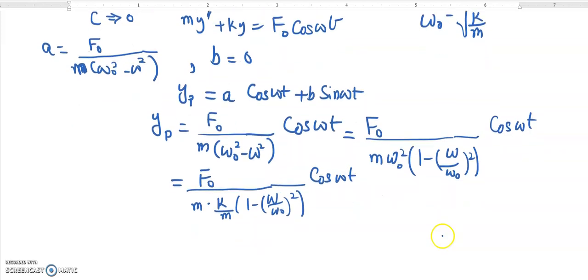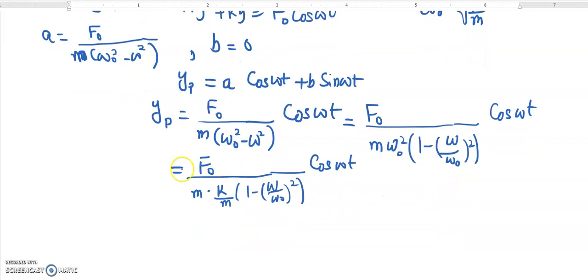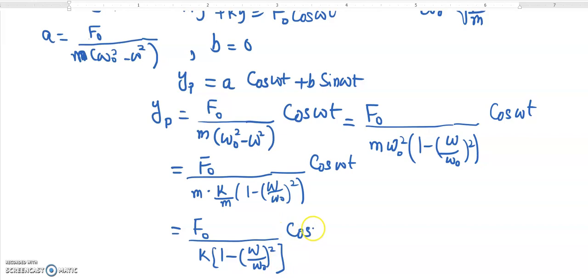So then we can say that yp is now f naught over k times 1 minus omega over omega naught squared, cosine of omega t.